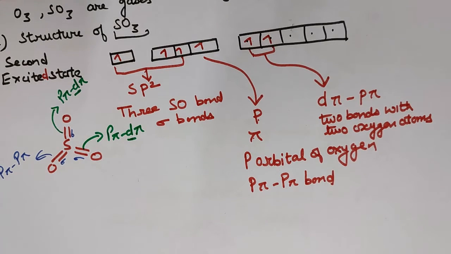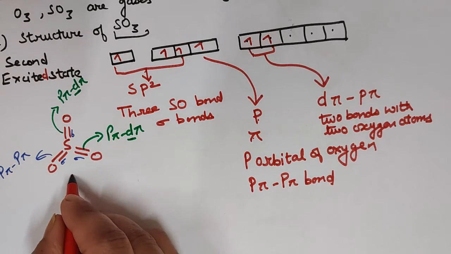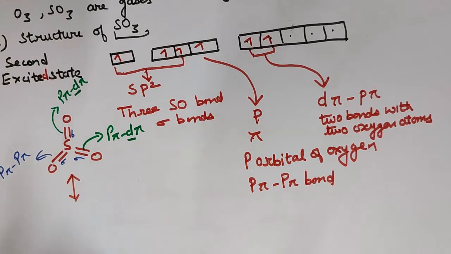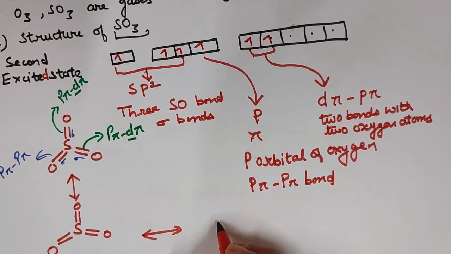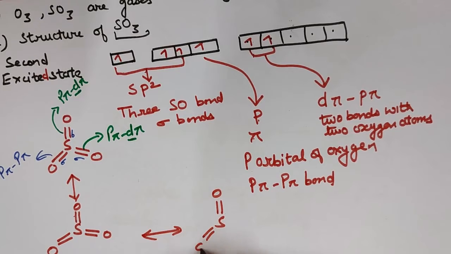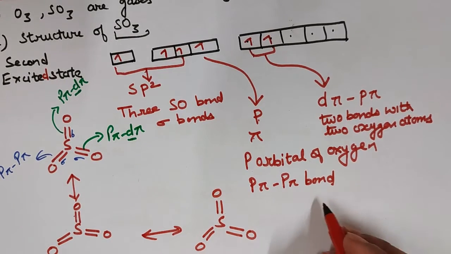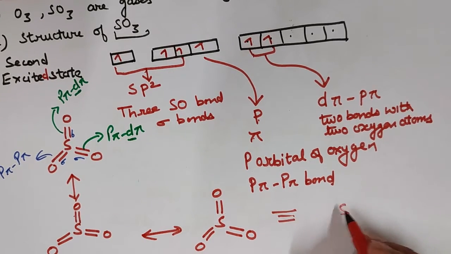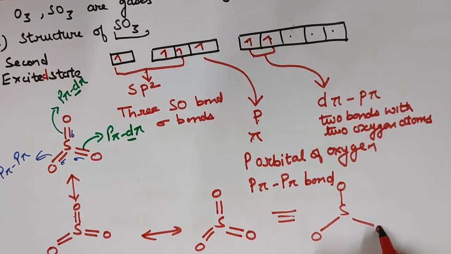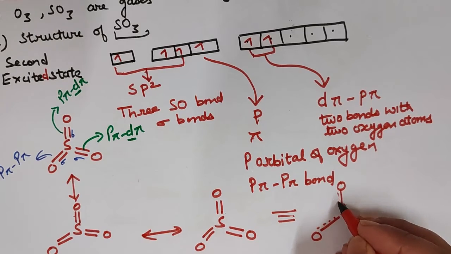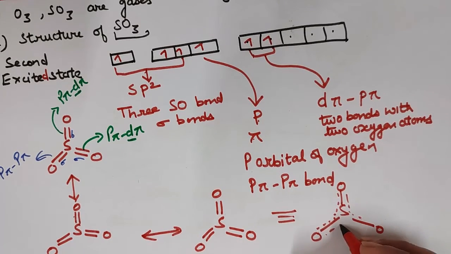Now because of resonance here, again the bond length will be the same. So three resonating structures will be there and we can show in this way. Again double bonded oxygen, then double bonded oxygen, 3 oxygen atoms we need, and then the resonance hybrid where we show it in this way.